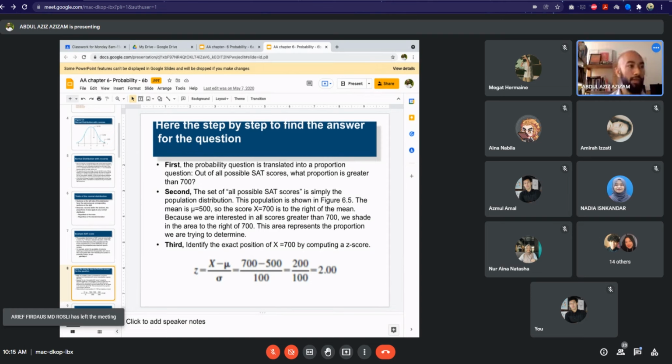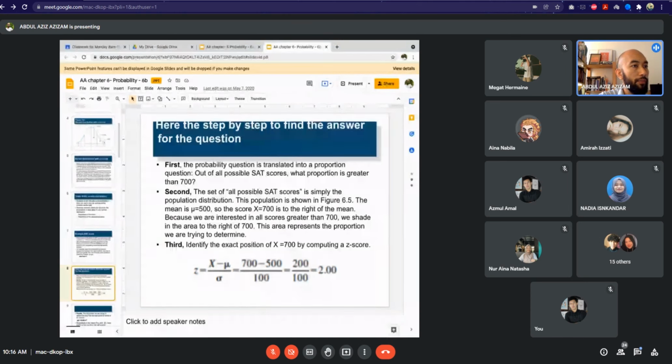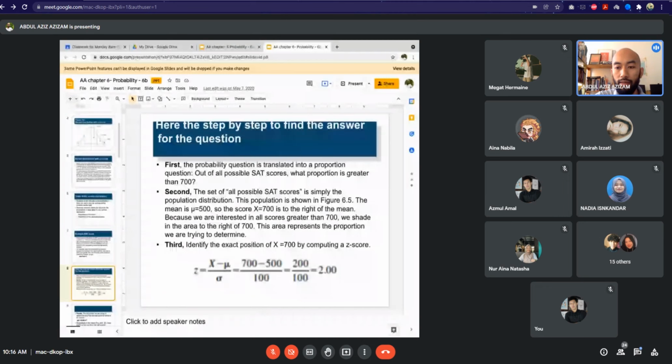Trying to determine. Okay, then we compute the z-score. Because now we have standard deviation, we have the mean, and we have X. Okay, standard deviation kita ada, mean kita ada, dan juga kita ada X. Kita nak 700 and above, so kita cari z-score.